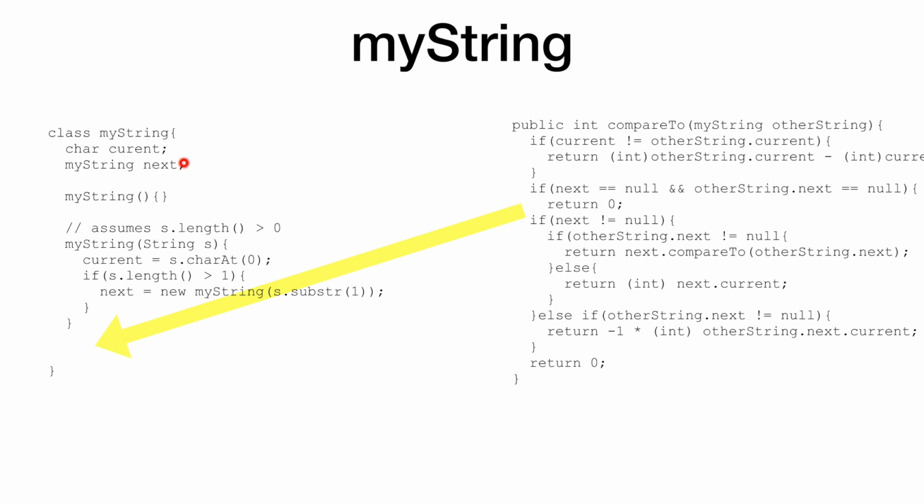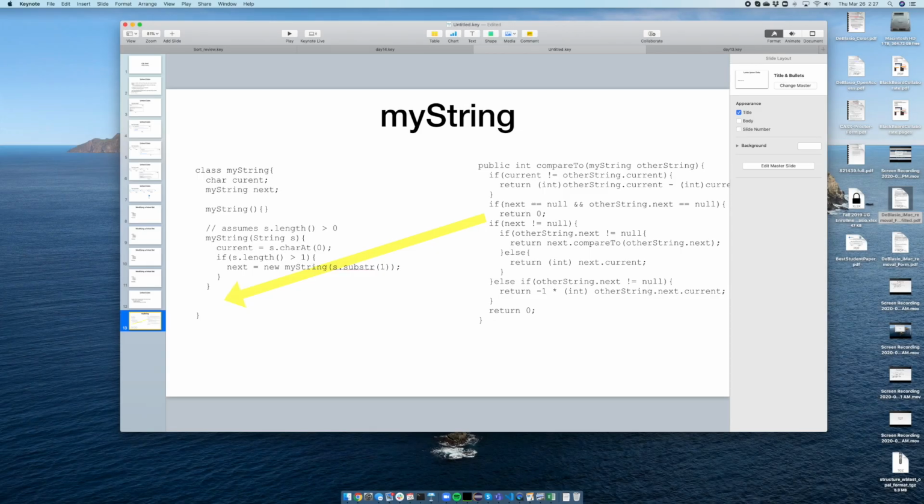This pointer, this next thing, basically is another instance of our object. Our object class is myString, and it's an object of type myString. Our constructor, well, that's annoying.